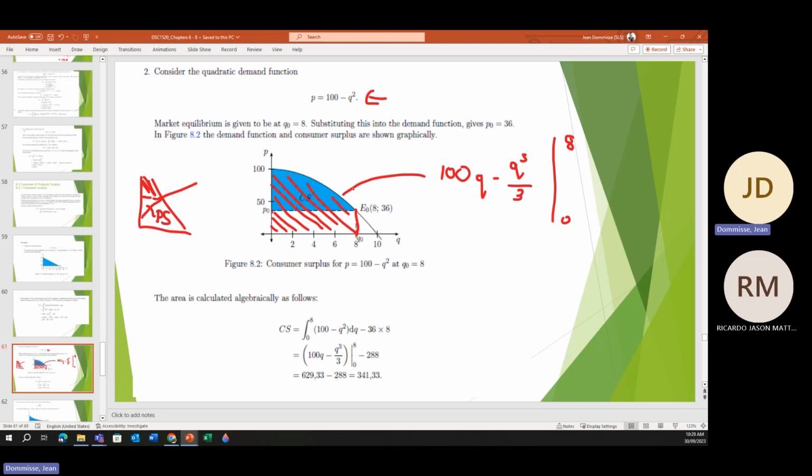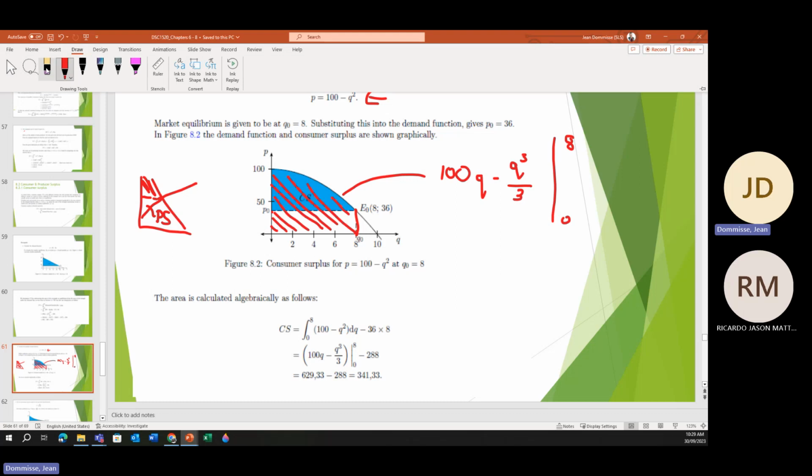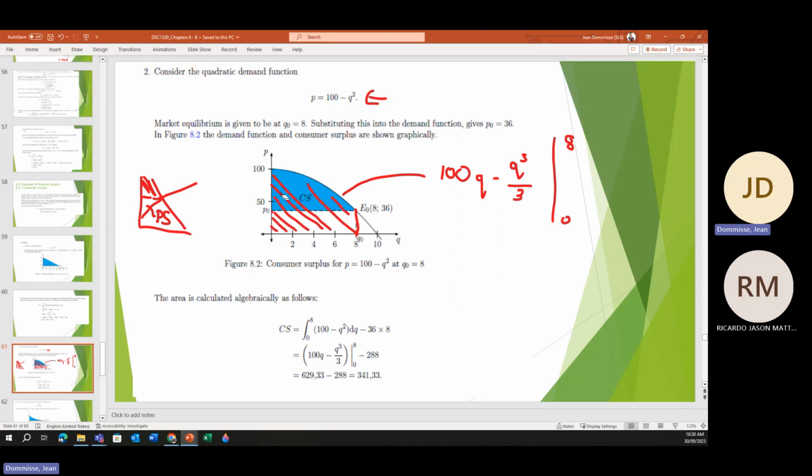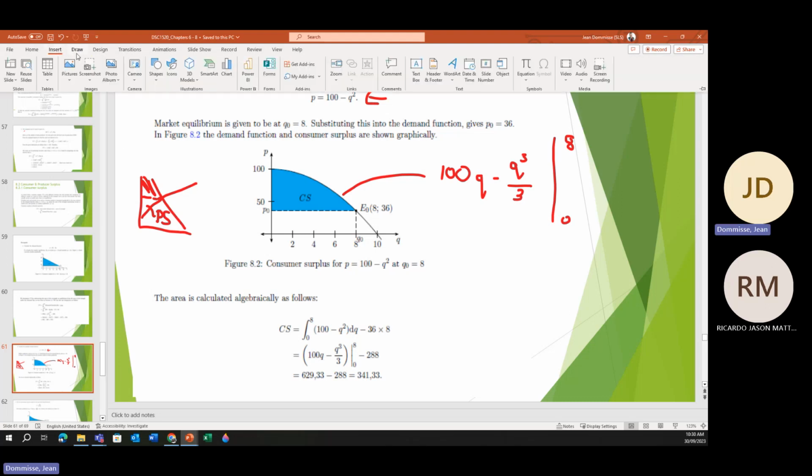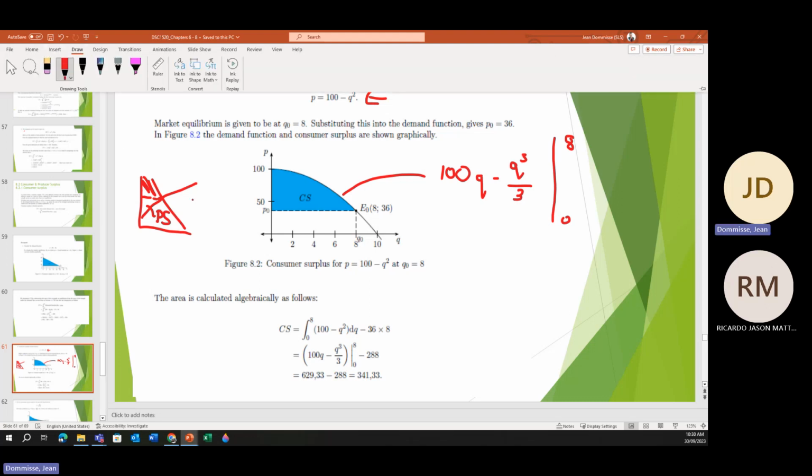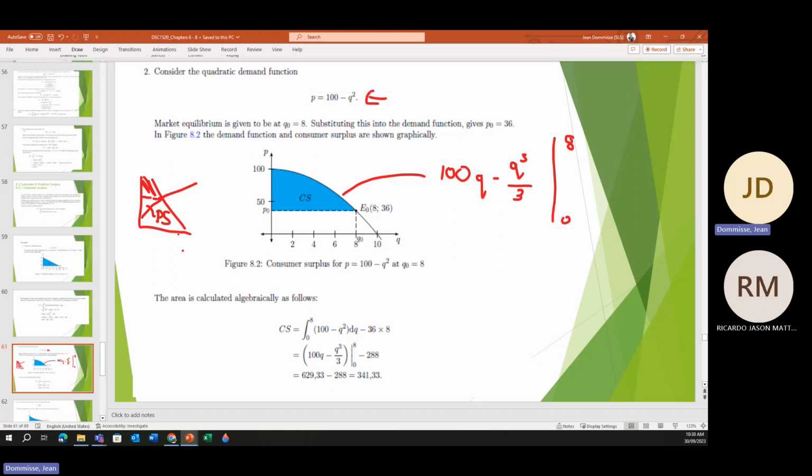Exactly the same principle applies with the nonlinear function. The only thing that's different is that there isn't a line like in the linear function where we knew demand and supply.